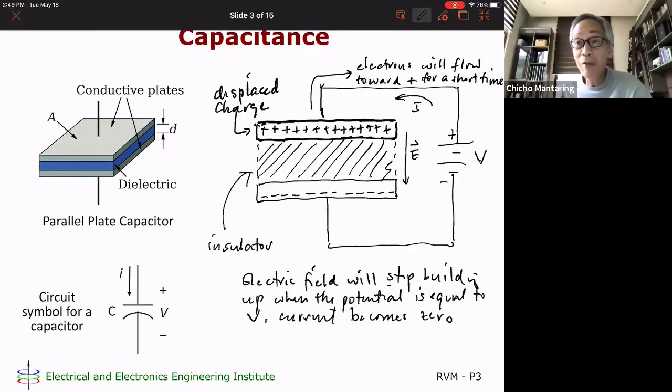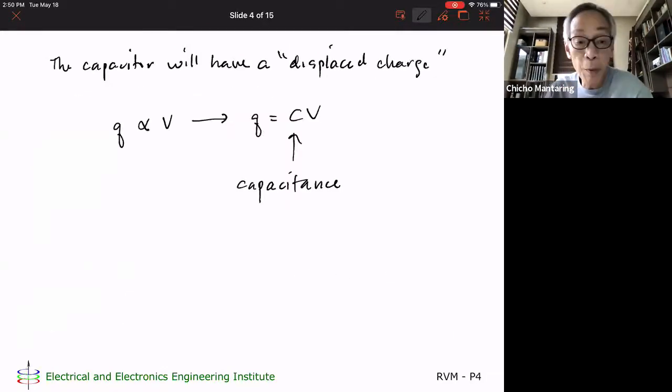Walang net positive or walang net negative charge sa loob ng capacitor. Pag sinuma total mo yung charge dito sa loob ng capacitor, it's still zero. It is just that your positive charges aligned here and your negative charges aligned there. And that created an electric field. So this is displaced charge. And your displaced charge is proportional to your voltage. And the constant of proportionality is called your capacitance.